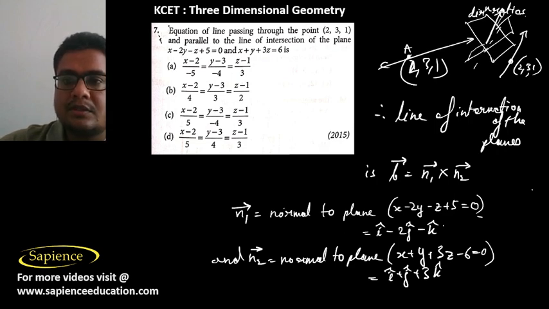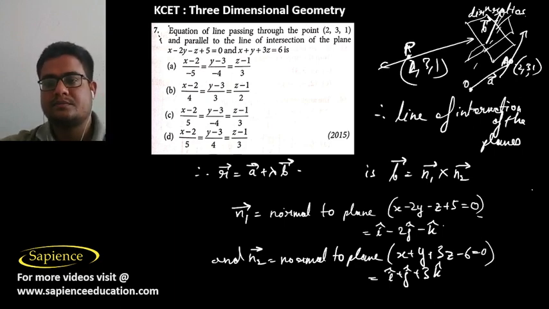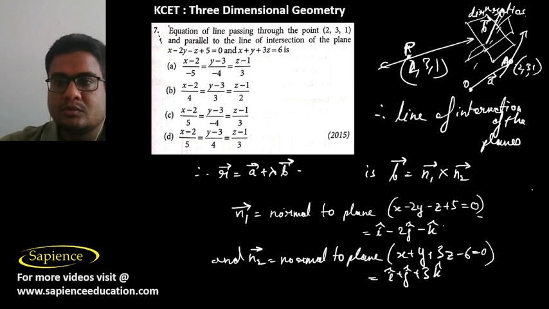If this vector is b vector and this is point P, then the equation of that line will be in the form a plus lambda b, where a is the position vector of the point A.